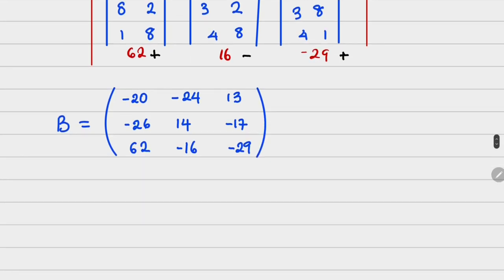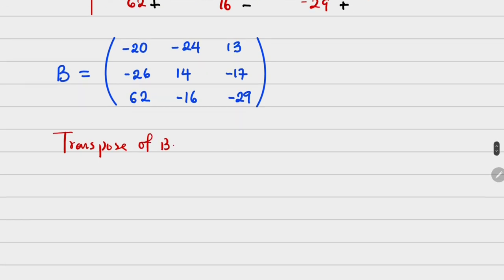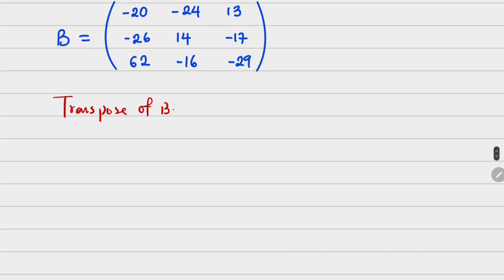But don't forget that we said that the transpose of B is very important. Sorry, not adjoint of B, but transpose of B. Let me correct it. What we are going to do now is to find the transpose of B. Now, what do we mean by the transpose of B? The transpose of B is simply written as B transpose.